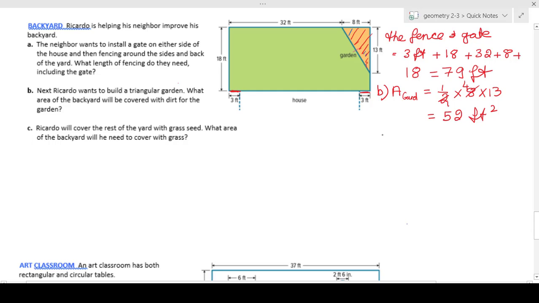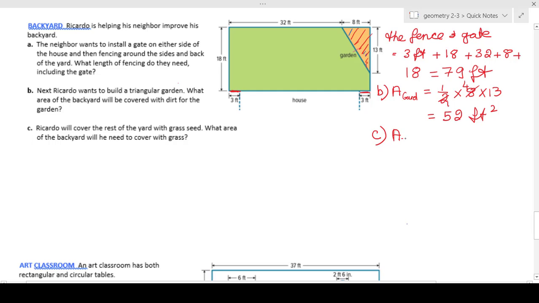Now, the last question is Ricardo will cover the rest of the yard with grass seeds. What area of the backyard will he need to cover with grass? This area, the green one. So I'm going to bring the whole area first and then subtract the area of the triangle from it. So the whole area is the length times width, which is 18.